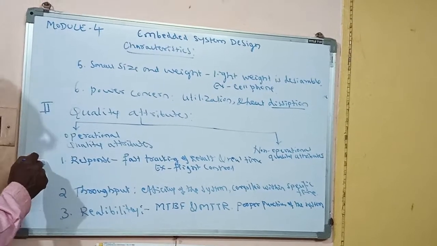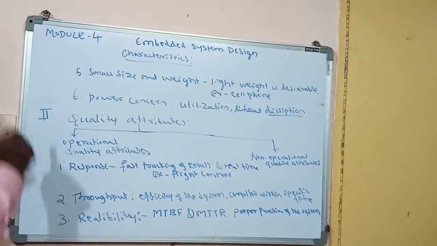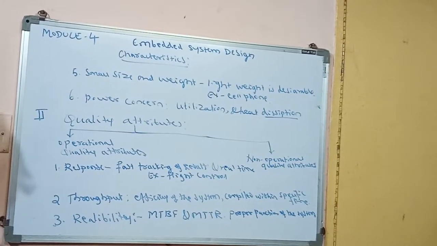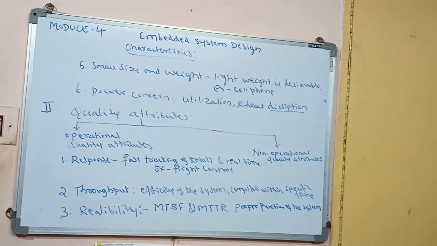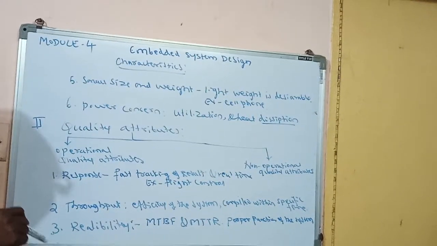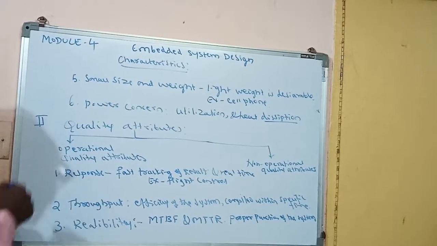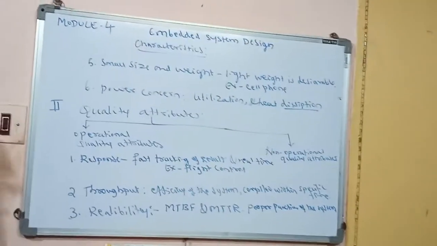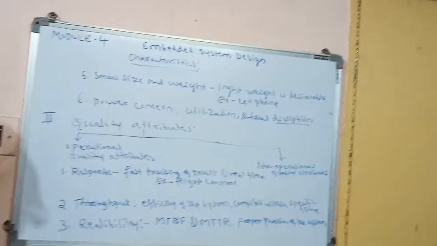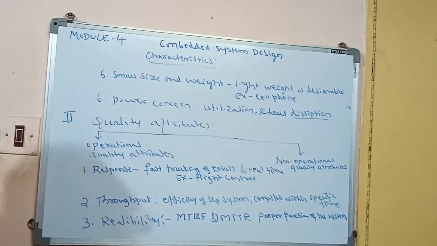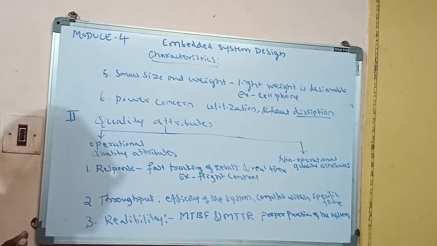One of the operational quality attributes is response. The response of an embedded system should be very quick, with fast results. It should track inputs very quickly. So customers require this type of important quality. Another important quality of the embedded system is throughput. Throughput is like efficiency. The efficiency of the system should be very high, completing within a specific time.